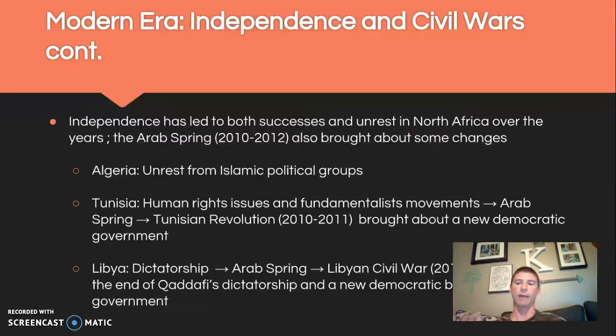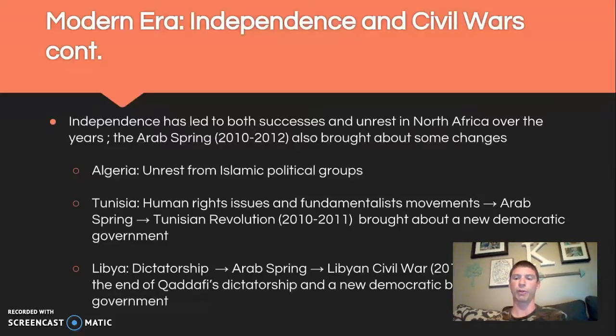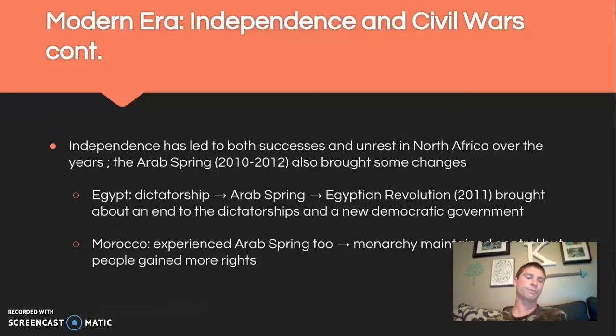And so then you have a lot of conflict that happens. That's one of the things that I think is important to know, is that Africa isn't at war just because these people can't get along, but because of things that were done to those people over a long period of time. You can see here again, Egypt and Morocco have also struggled with issues. So definitely a lot of conflict that's happened in North Africa.